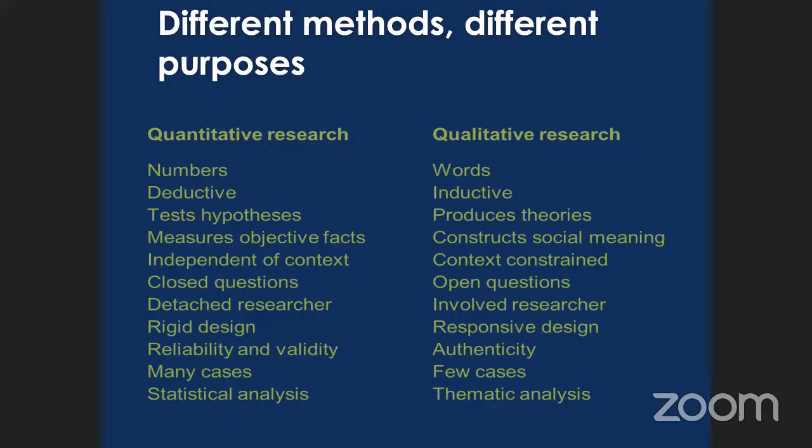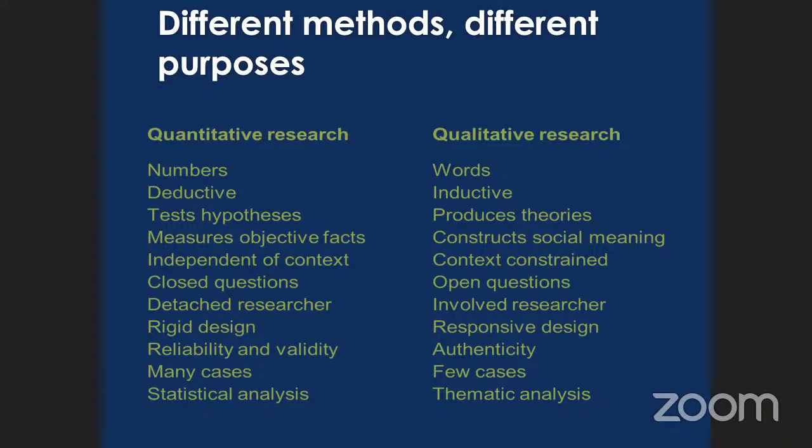While quantitative research tests a hypothesis, qualitative research produces a theory. Also, the first measures objective facts, while the second constructs social meaning. The first is independent of the context, while the second is context constructed.